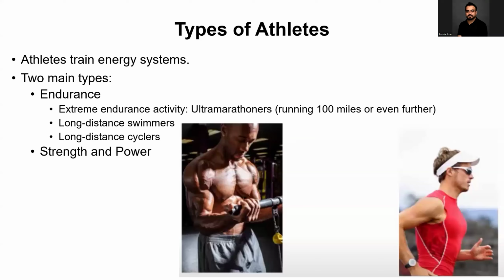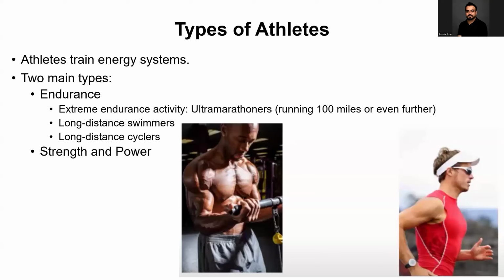So for endurance, we have some subdivisions here, like subcategories of endurance. We have extreme endurance activity. For example, we have ultra marathoners. They are running 100 miles or even further.